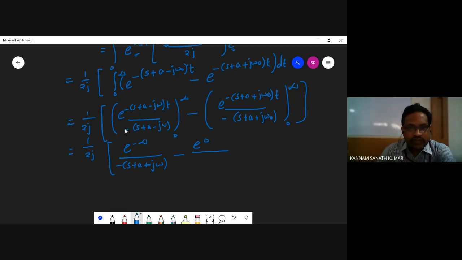Anyway, minus is there, so minus into minus becomes plus, so s plus a minus j omega plus. Here minus is there, again minus is there, if you combine you are getting plus e power minus infinity by s plus a plus j omega naught minus e power 0 divided by s plus a plus j omega naught.